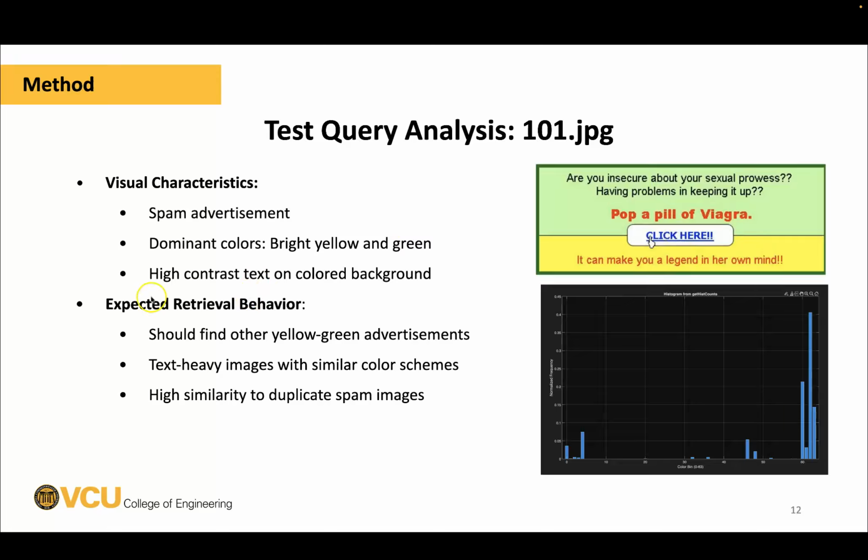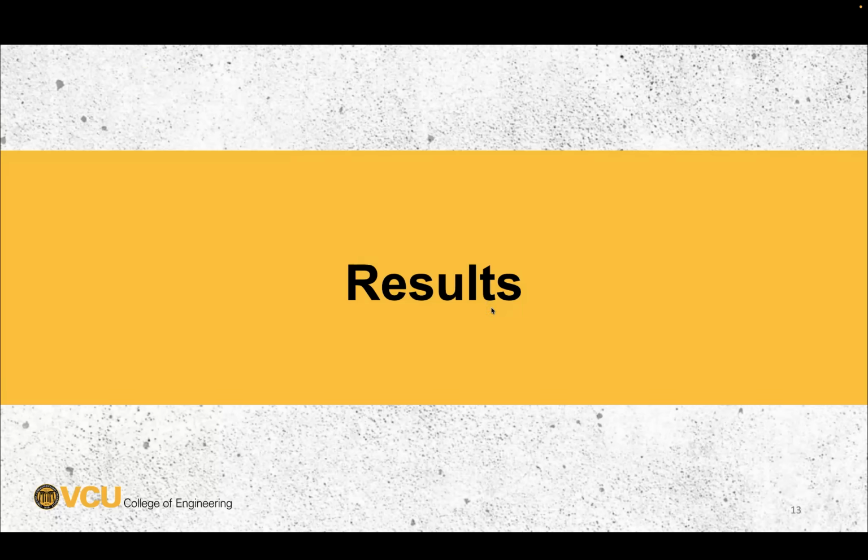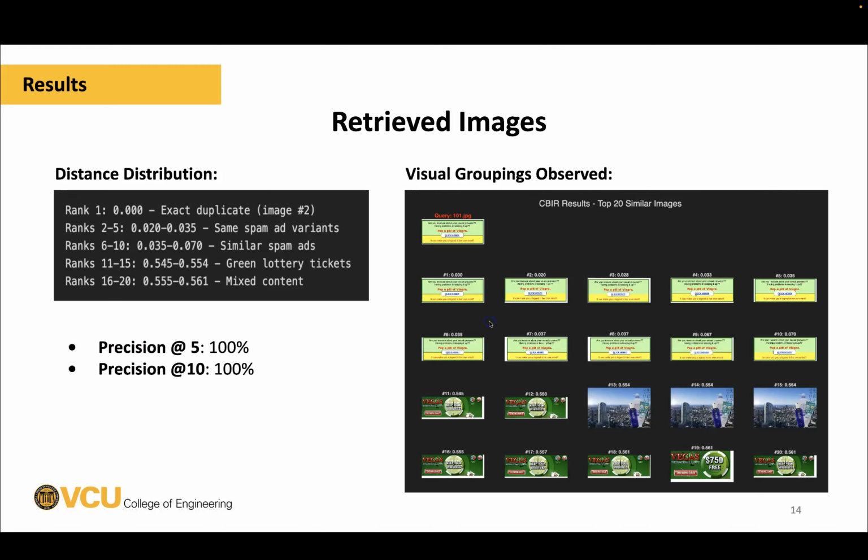So once we tested, the retrieval system should successfully identify other images that are very similar to this color scheme, and those that are not similar would not be considered in our top results. And let's move into those results.